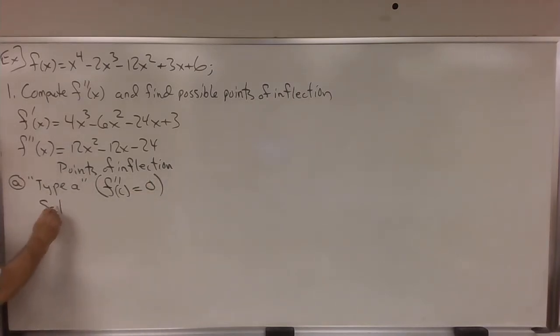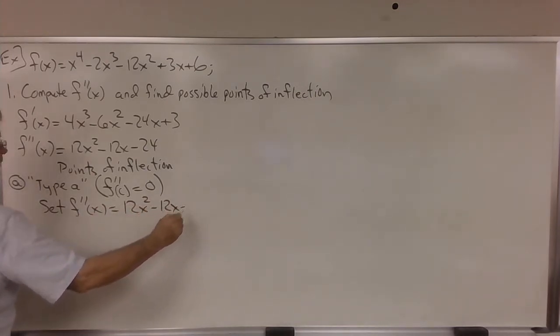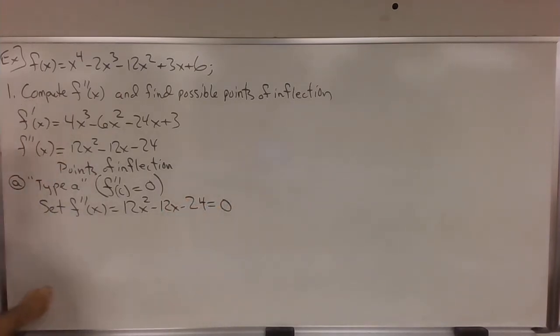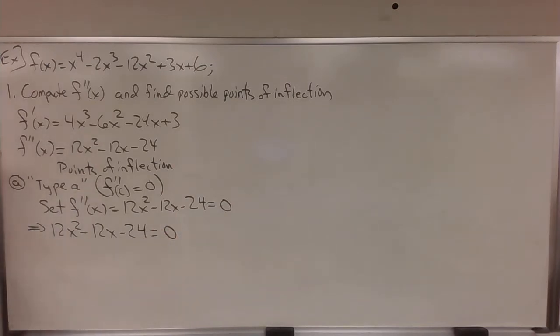So we set the second derivative equal to 0, and we solve for x. These numbers are pretty big, and I've noticed that every term has a factor of 12. So I'm going to divide both sides by 12.